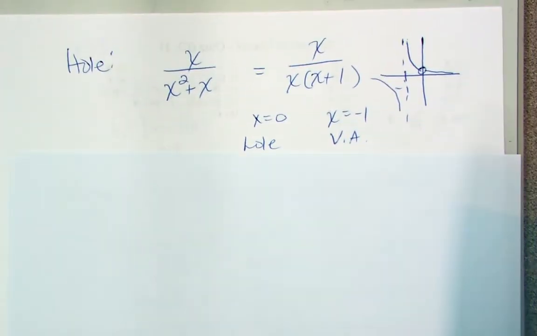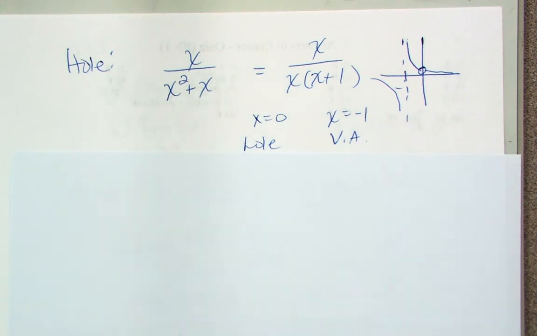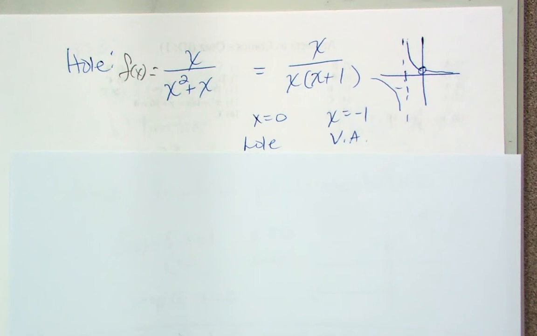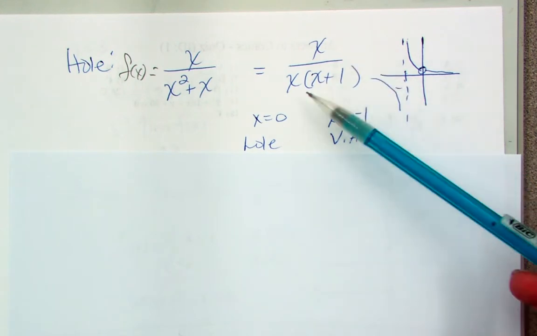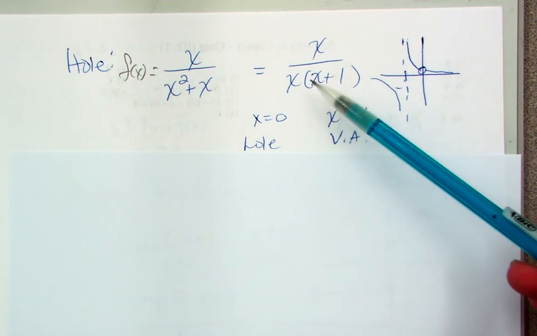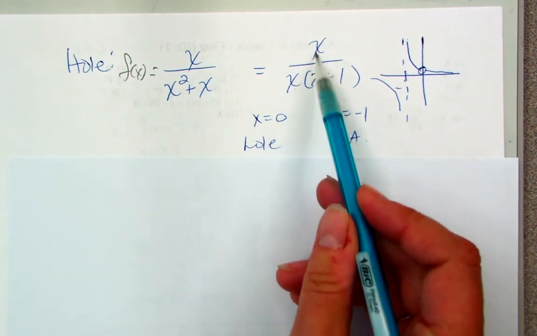Let's look at this function: x all over x squared plus x. In fact, it might help if I factor the denominator, so it's x over x times the quantity x plus 1. Now I can clearly find the holes and vertical asymptotes, if there were any. So x equals 0 is my hole. Why?